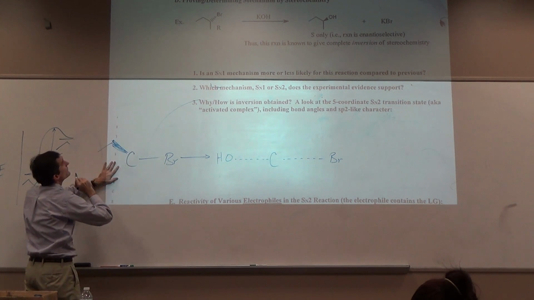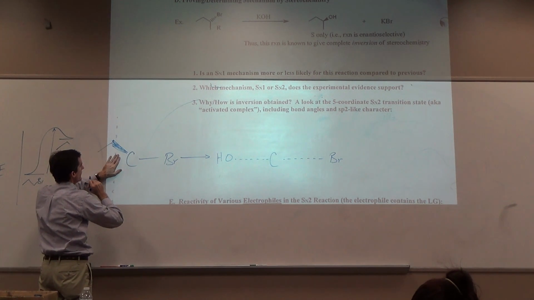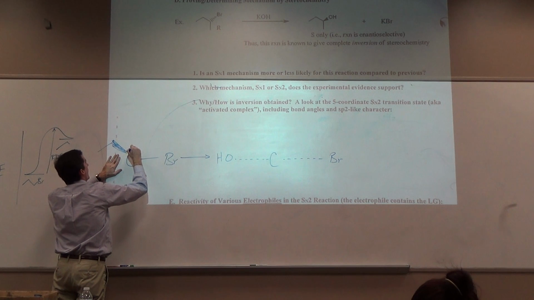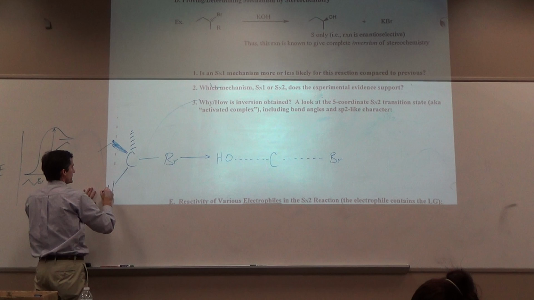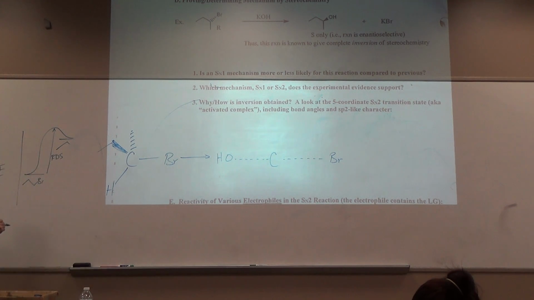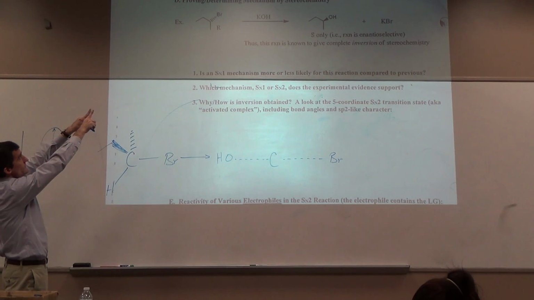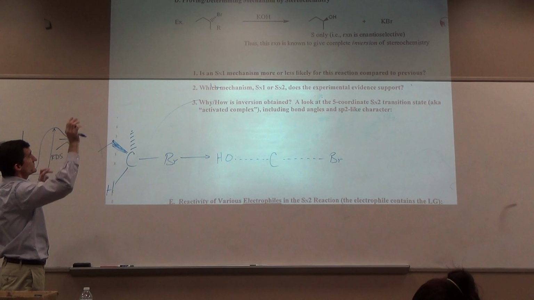There's an ethyl. There's a methyl. There's an H. We got a carbon with a bromine, an ethyl, a methyl, and an H that's undrawn.